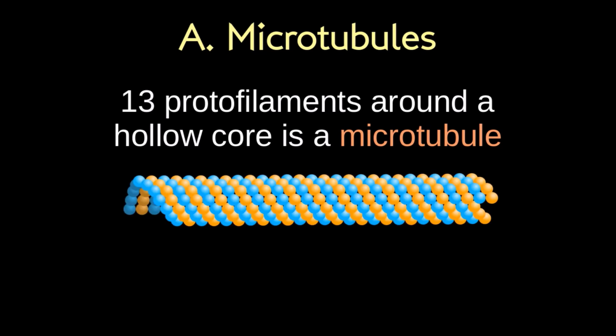So it looks something like this. We have 13 of these protofilaments around, and so actually we're making up lots and lots and lots of the individual tubulin dimers.